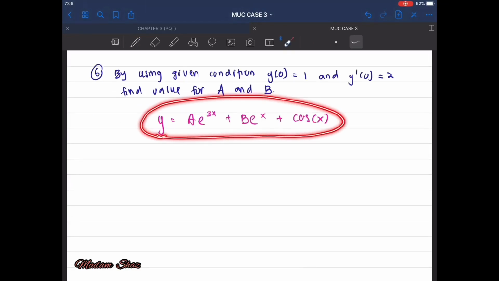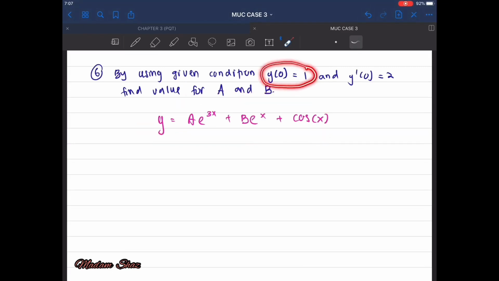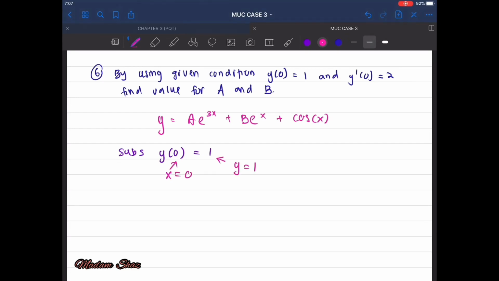So based on our general solution, you can directly substitute the condition y(0) equal to 1. So x is equal to 0, y is equal to 1.